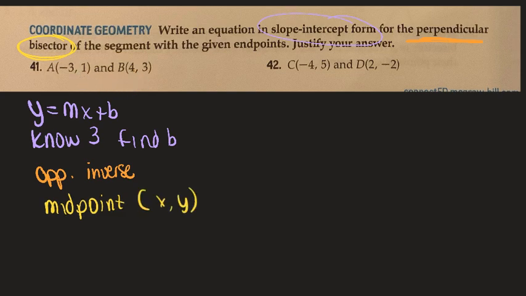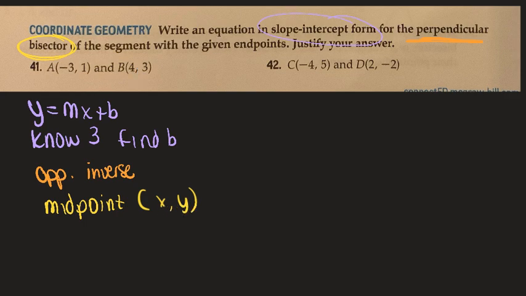That's going to become our X and Y for know 3, find B. So let's recap. Slope-intercept form, know 3, find B. Perpendicular is going to be the opposite inverse of this slope, and then the midpoint is going to be halfway between A and B as an ordered pair.